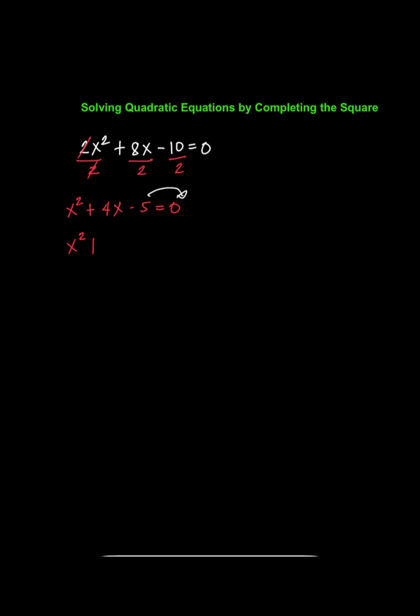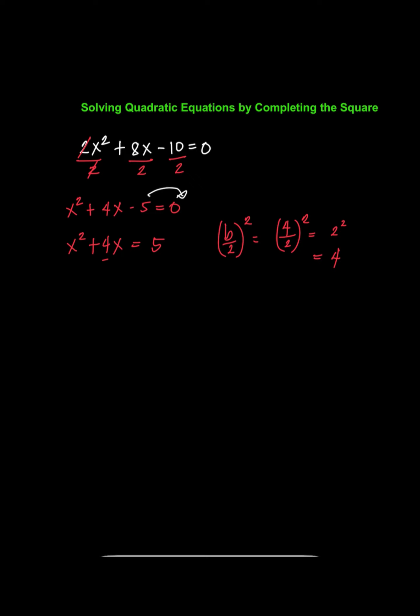X squared plus 4x equals 5. And then, kunin ulit natin yung b. b over 2 squared, that is equal to 4 over 2 squared, and that is equal to 4 over 2 is 2 squared, and that is 4.